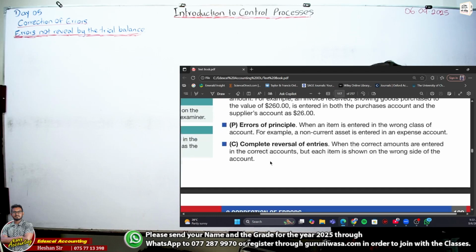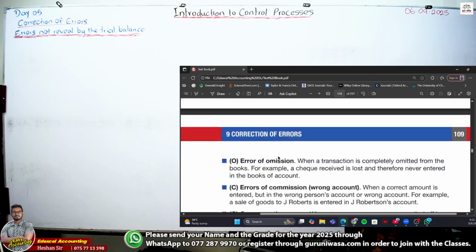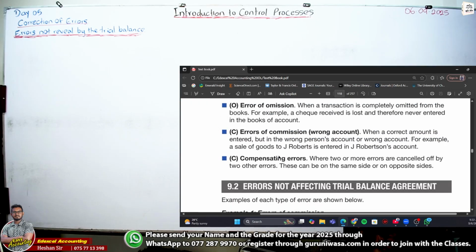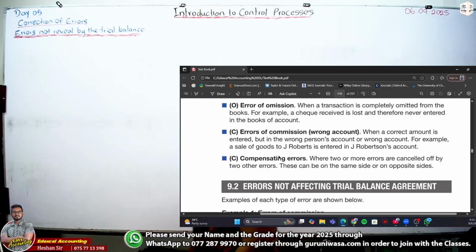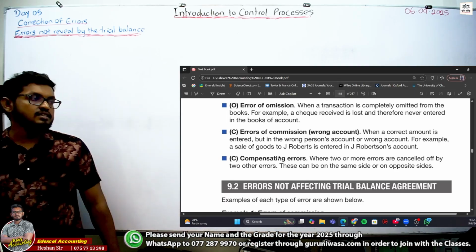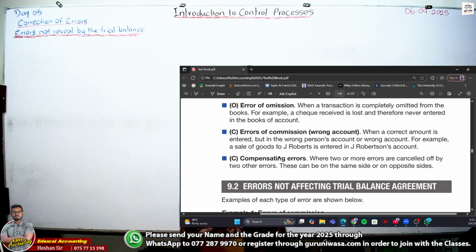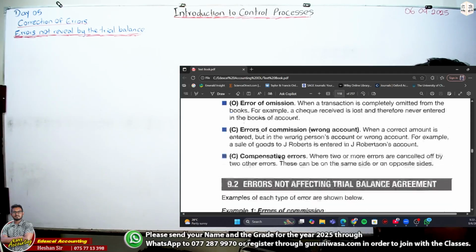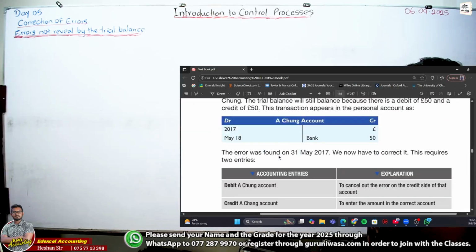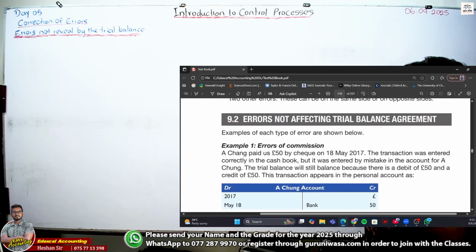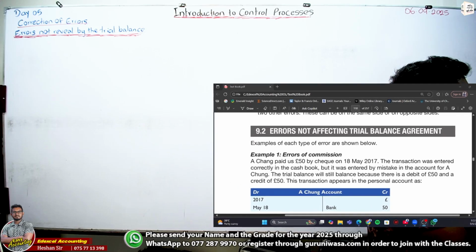P, principal error, C, complete reversal and omission. C, this is a commission error, compensating error. So these are the errors not revealed by the trial balance, which means the trial balance agreed, but there are errors.